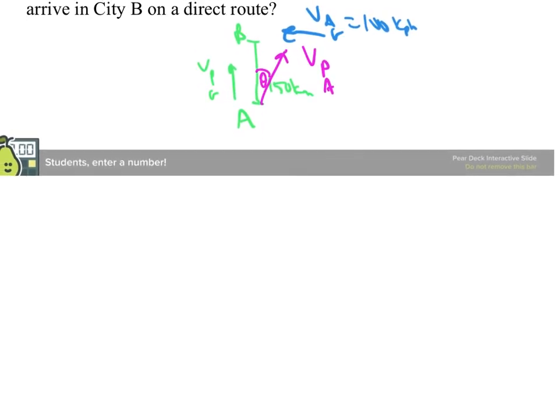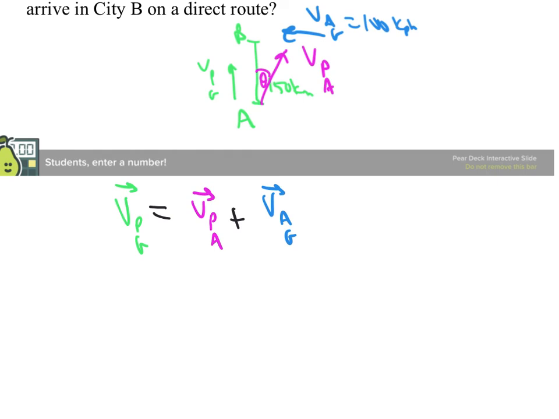And we know that the velocity of the plane relative to the ground as a vector is the velocity of the plane relative to the air as a vector plus the velocity of the air with respect to the ground as a vector.